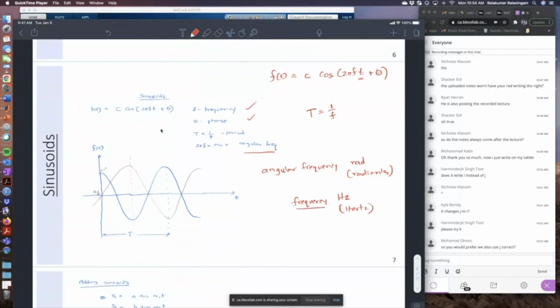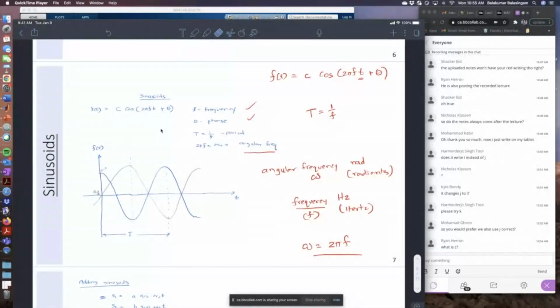For frequency we usually use f, and for angular frequency we use omega. Omega is 2 pi f, so we can switch between the two. The only difference is the 2 pi. In future, think about the angles: 2 pi is 360 degrees.